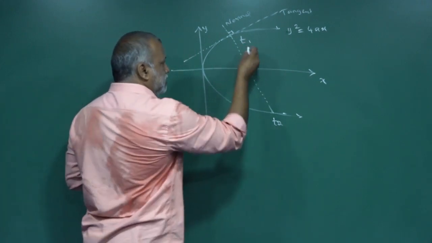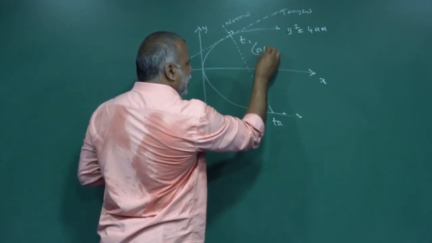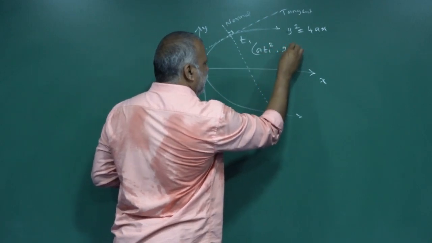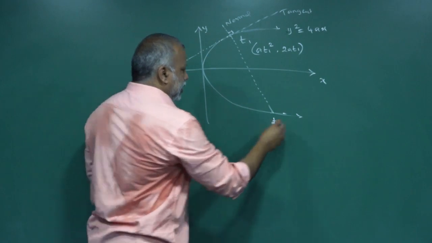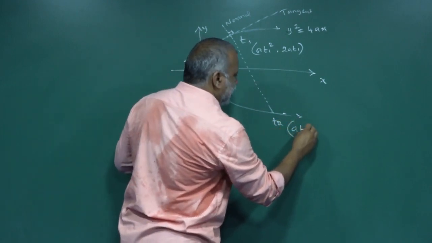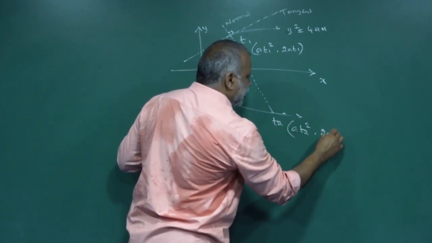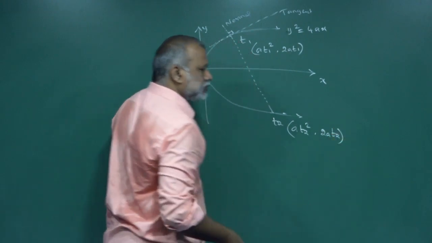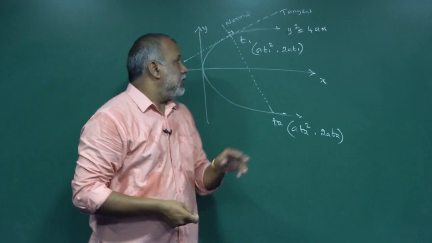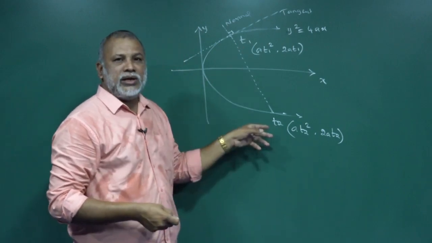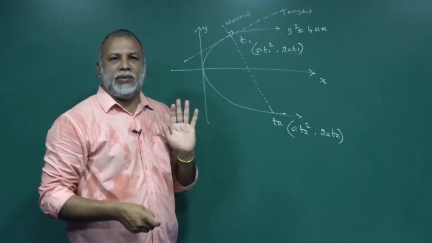Now listen, what is the meaning of t1? It is (a t1 squared, 2a t1). This is nothing but the parametric form. Here (a t2 squared, 2a t2). So this is the diagrammatic explanation of the given question. What is the meaning of t1 and t2? It is nothing but the parametric equation.